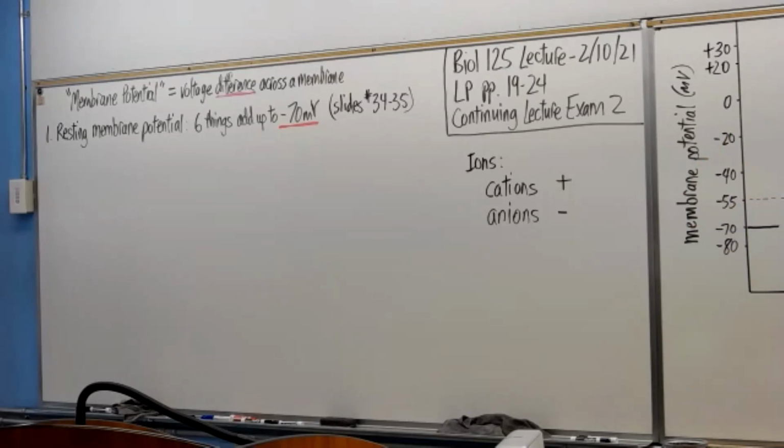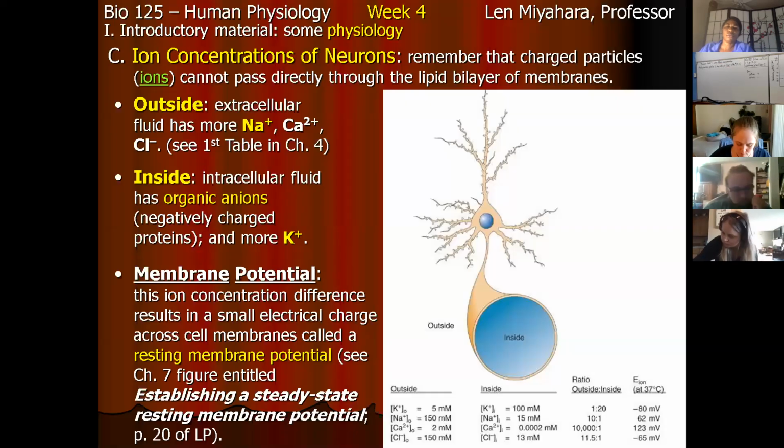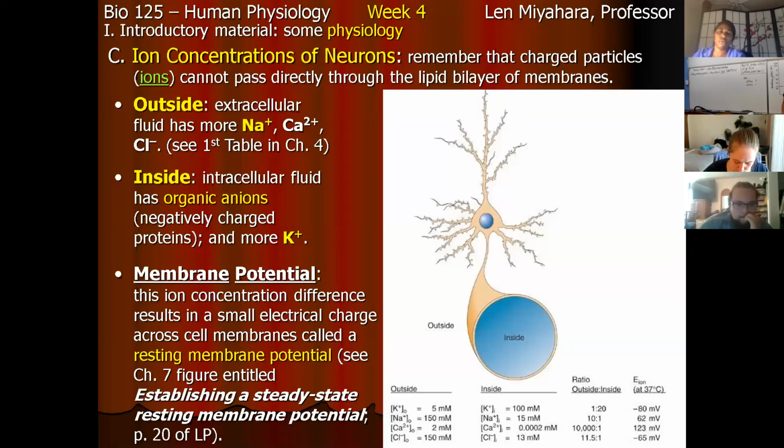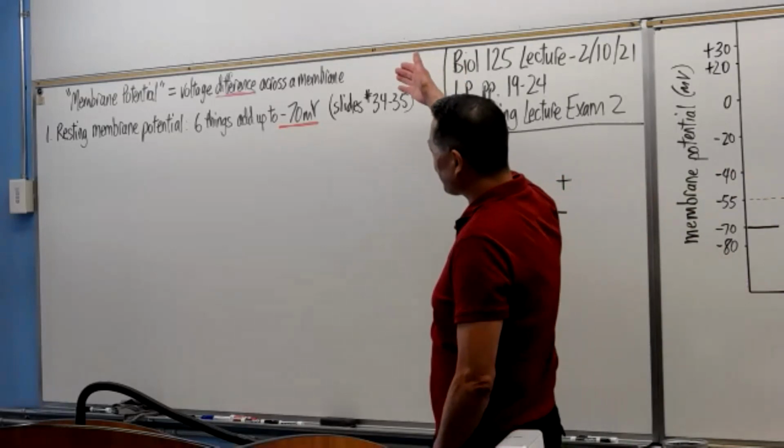Now, when we refer to organic anions, we are basically referring to proteins. Okay, and proteins are negatively charged. So those are the organic anions. So you have more positive ions outside, more negative ions inside, and that causes there to be a voltage difference across the membrane.